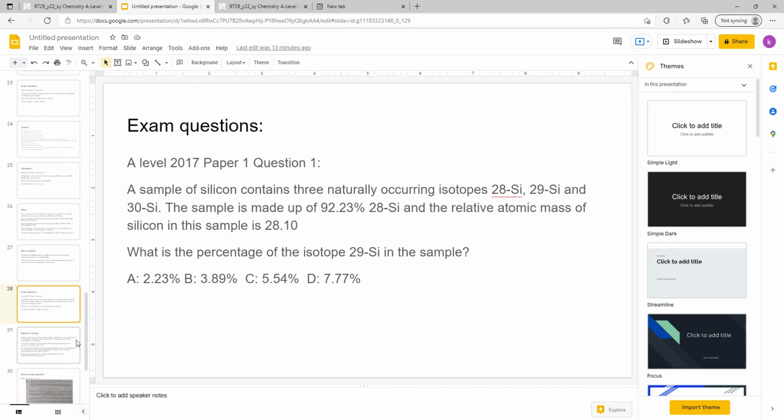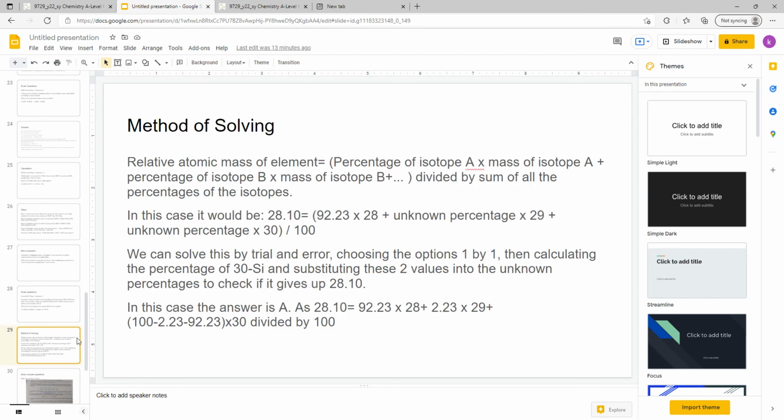So in order to do these questions, we need to be familiar with the formula to calculate the relative atomic mass of the element. To calculate it, we need to take the percentage of isotope A times the mass of isotope A plus the percentage of isotope B times mass of isotope B, and so on, depending on how many isotopes the question gives you, divided by the sum of all the percentages of the isotopes.